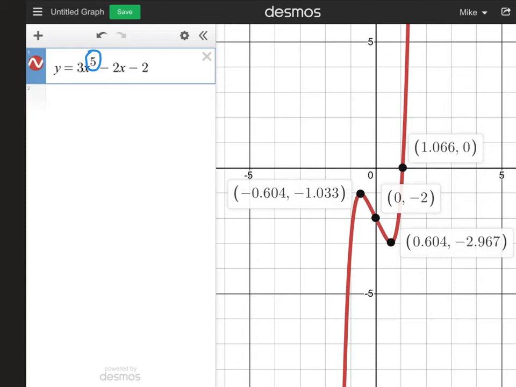This one happens to be of degree 5. That's what the biggest exponent is, a fancy word, the degree. So linear functions are basically just first degree polynomials because they're y equals mx plus b, right? It's just x to the first power. And then quadratics are second degree because they have x to the second power as the highest exponent.